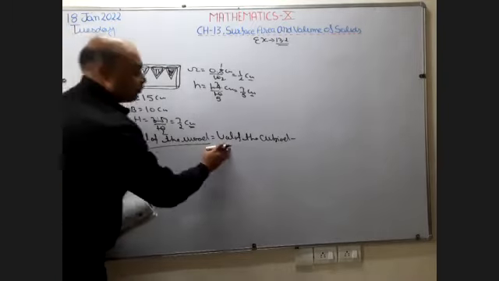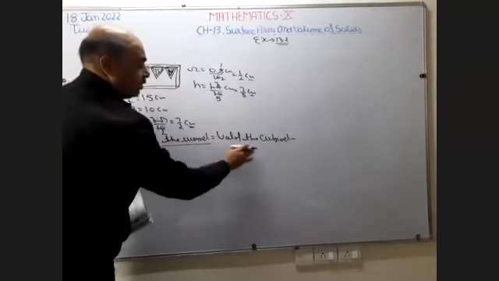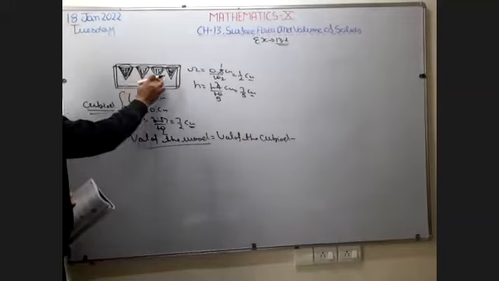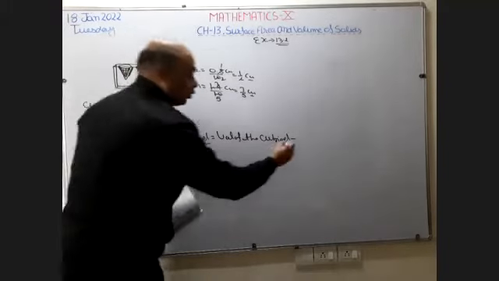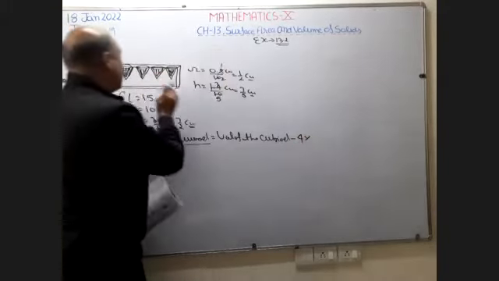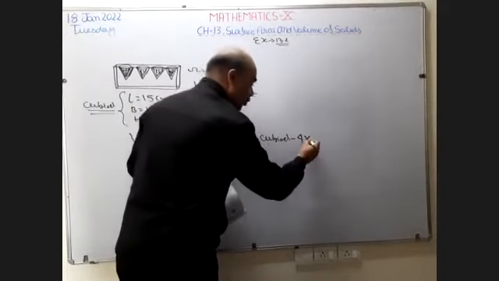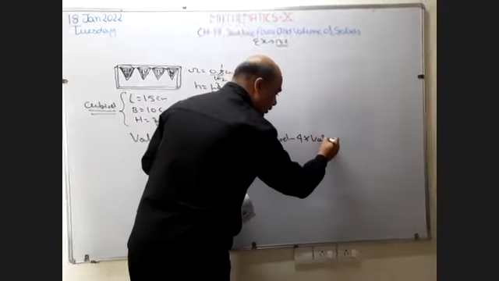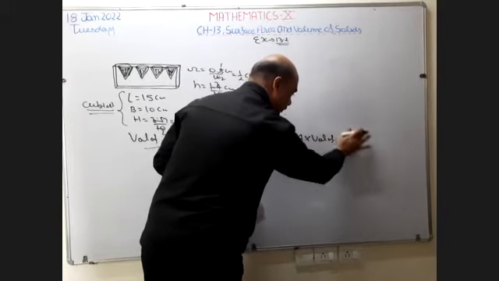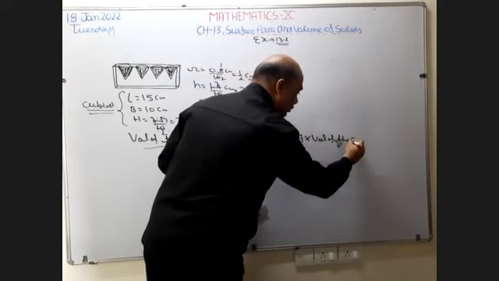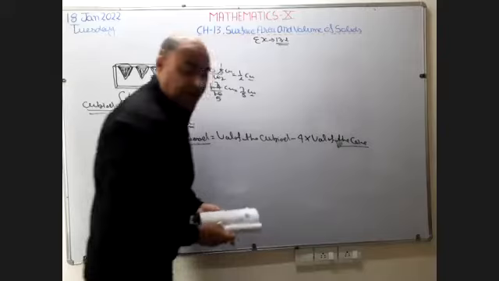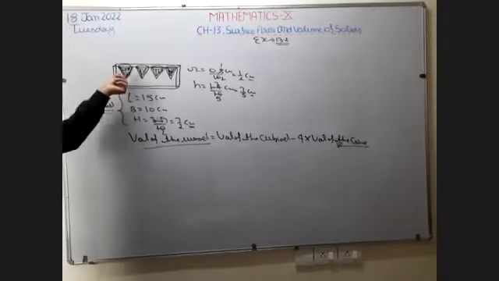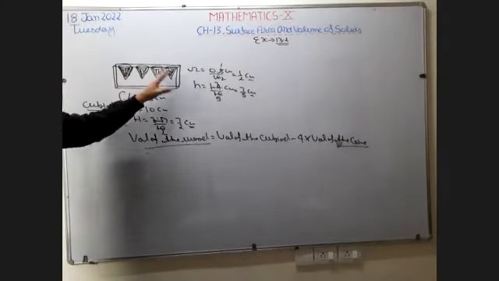The original block is in the shape of a cuboid. So write volume of cuboid first. How many cones are we going to remove? 4 cones. It means we want to remove the volume of these cones, so I write 4 multiplied by the volume of the cone, because 4 shapes are there.